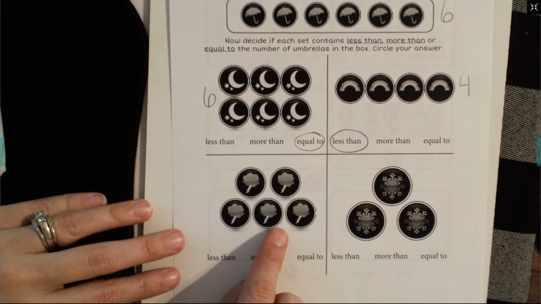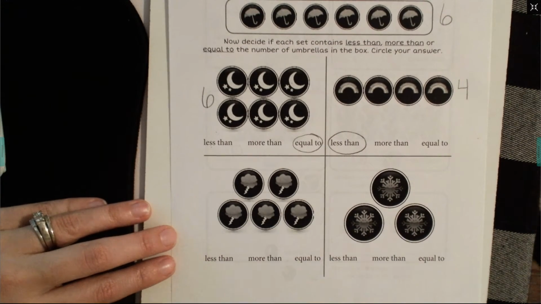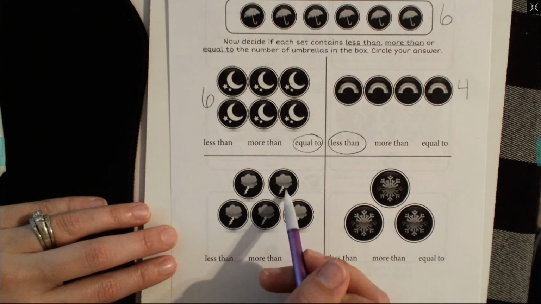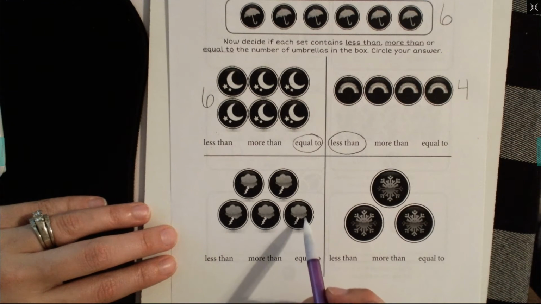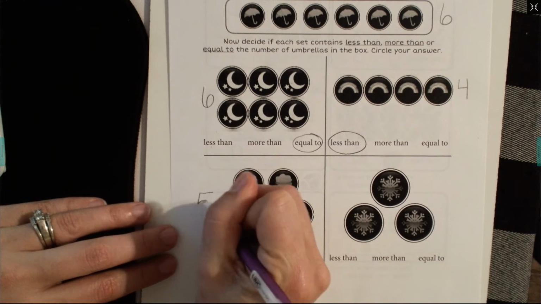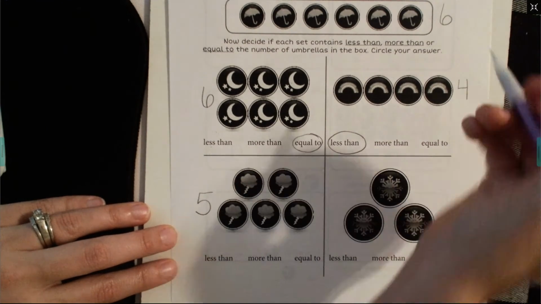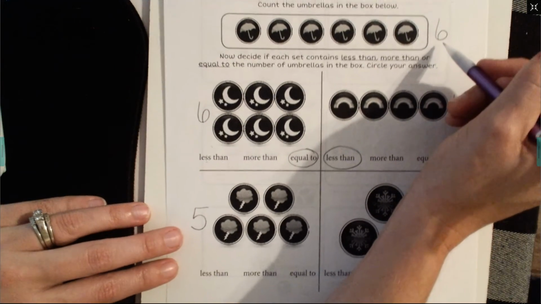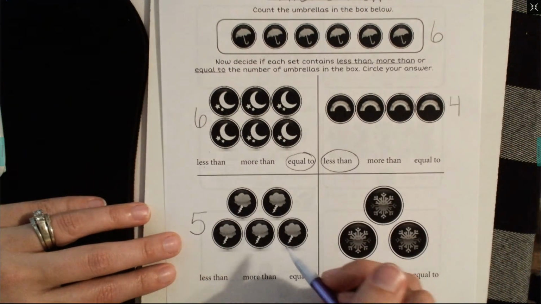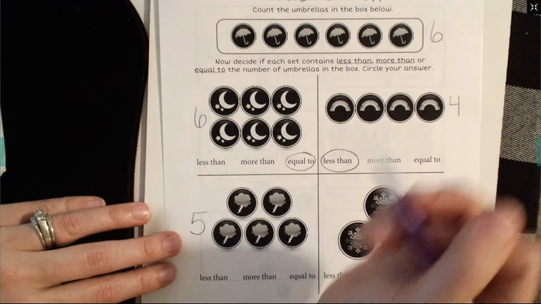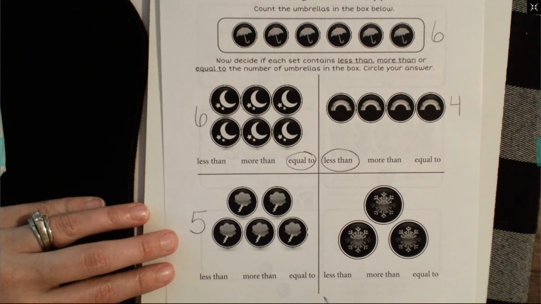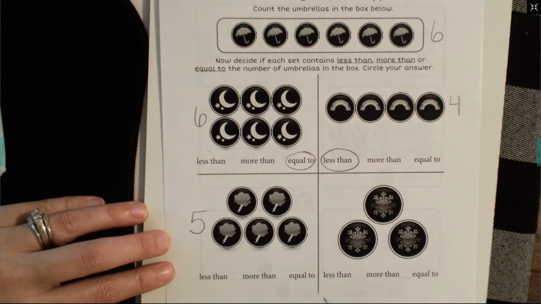Okay, let's go down here to our lightning bolts. We have 1, 2, 3, 4, 5. Write the number 5. And now we have to think, does this group have more than the umbrellas? Is this group less than the umbrellas? Or is it equal to, which means the same?